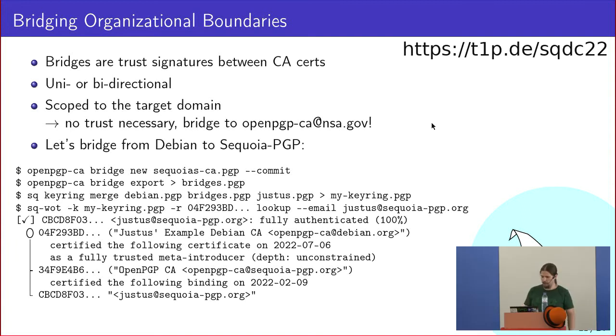So let's have a look at how that looks for bridging from Debian to Sequoia. I create a new bridge, and I will feed in the CA from the Sequoia team, which is real, by the way. And then I export the bridges, and then I will merge in all the Debian certificates, all the bridges, and my personal certificate.